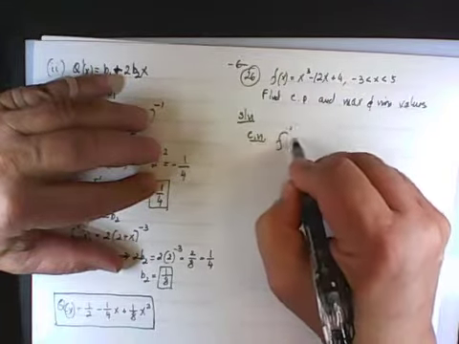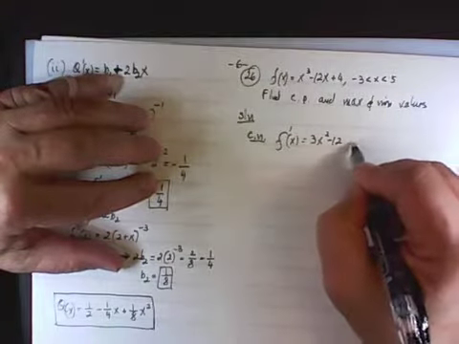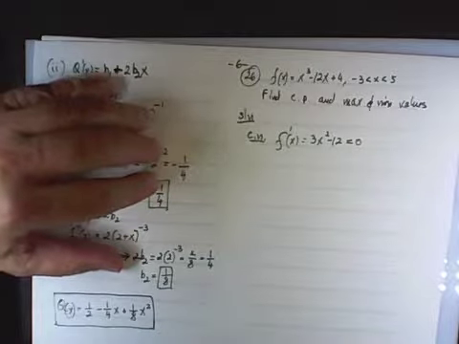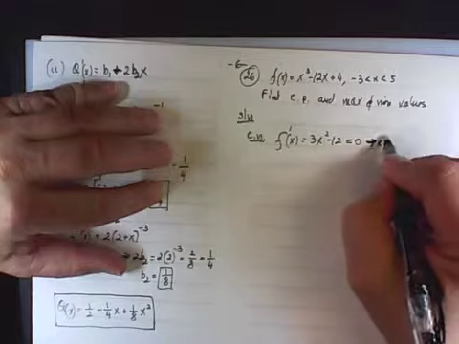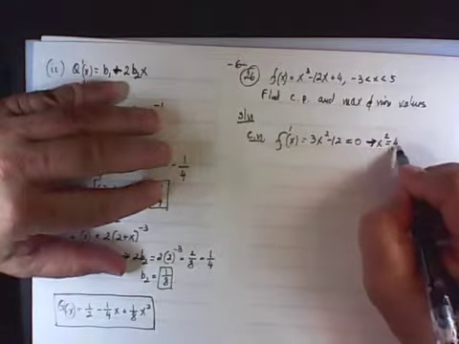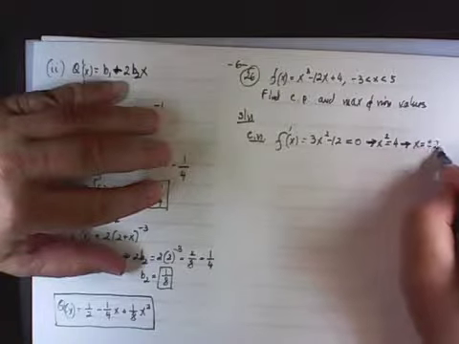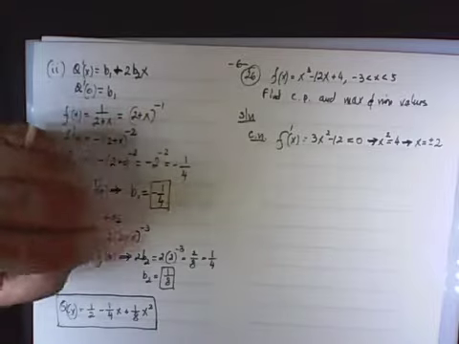F prime of x equals 3x squared minus 12, and we want it to equal 0. It won't be undefined because there is no division by 0. So from here you get x squared equals 4, and x equals plus or minus 2. Okay? So we have two critical numbers, 2 and negative 2.